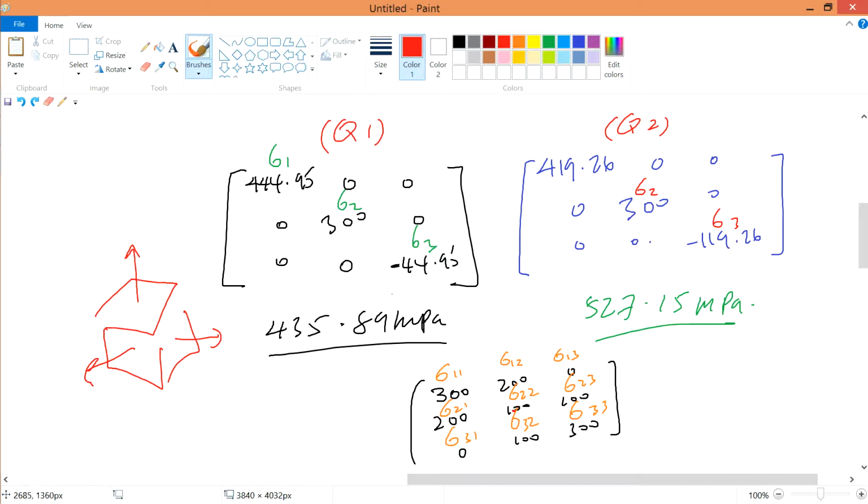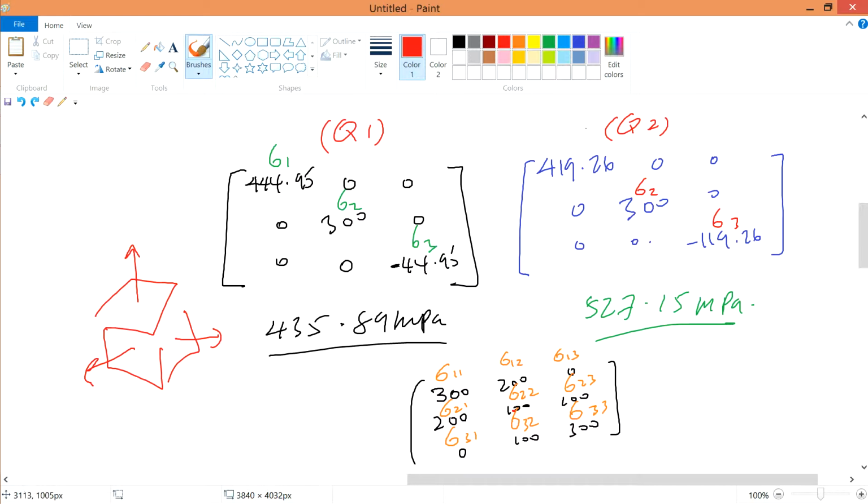Your volumetric stress is actually somewhat below your stress 1, or your maximum tensile stress, I would say. This is maximum compressive stress. So your volumetric stress is actually kept bounded below the tensile stress.